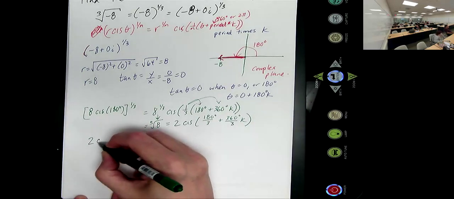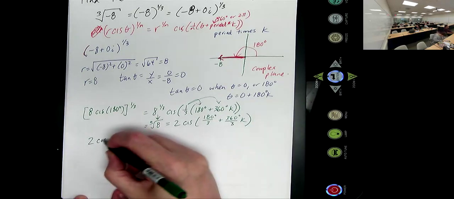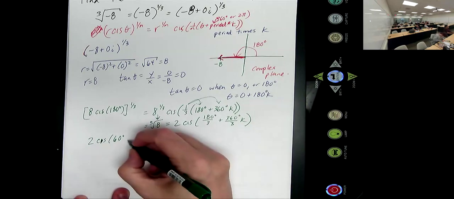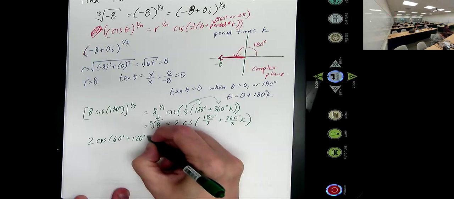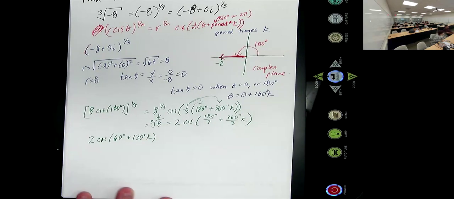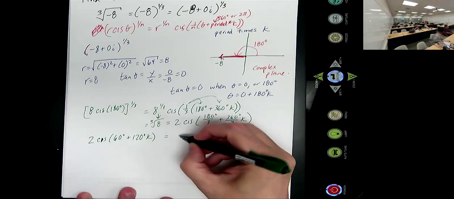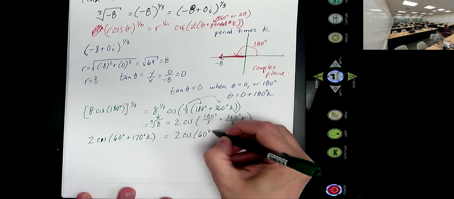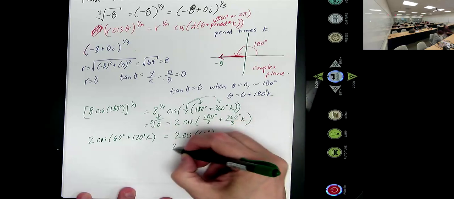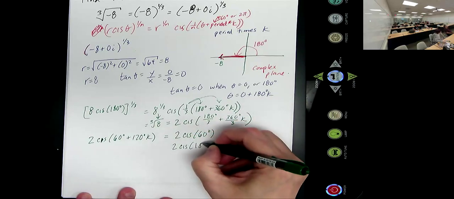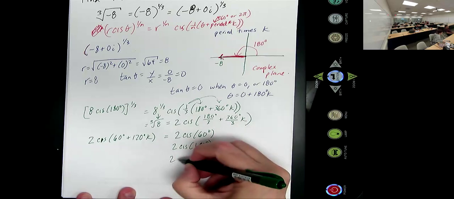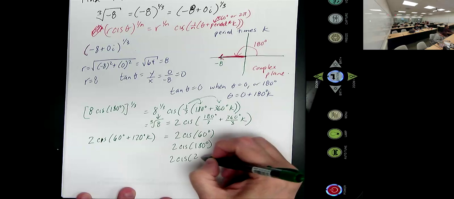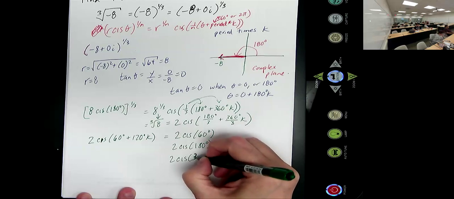So I have 2 cis of 60 degrees plus 120 degrees k, which means I can have three versions: 2 cis 60, 2 cis 180, and 2 cis 300, where I'm adding 120.